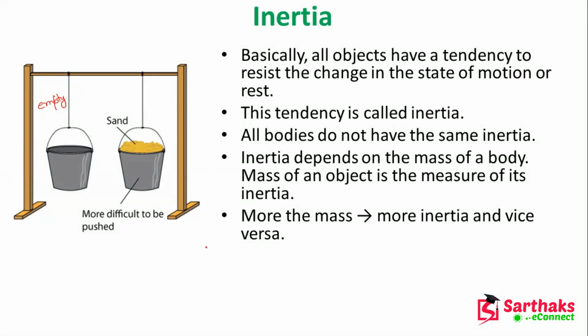So, just a minute, I am taking the highlighter. This tendency is called inertia. Okay, this is called inertia. All bodies do not have the same inertia, because inertia depends on the mass of the body, and the mass is not the same for every object, right?